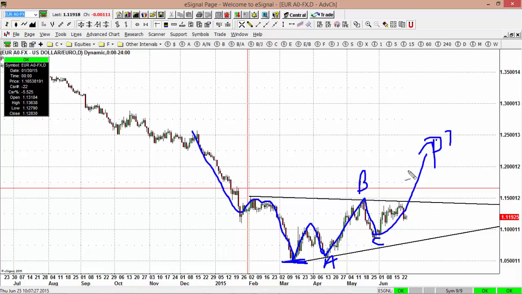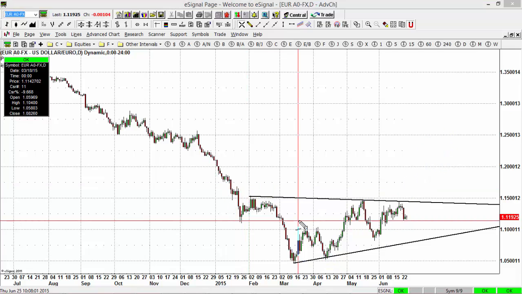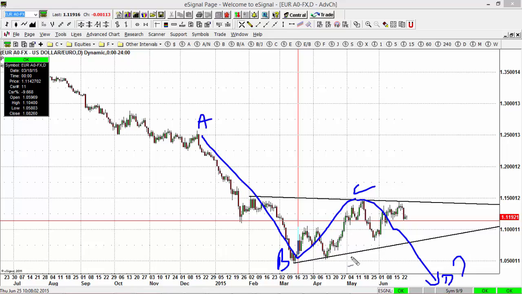Or alternatively, with the euro, we came down here. Is this a retracement? Is this A, B, C? And will the market then head down further to D? So those are, again, your two scenarios with the euro.